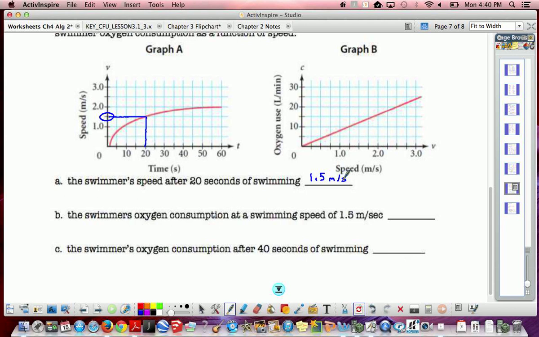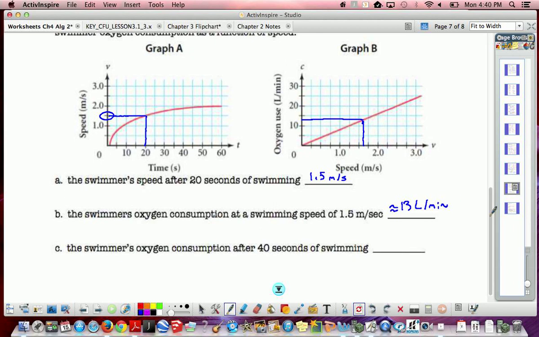So now B says the swimmer's oxygen consumption at a swimming speed of 1.5 meters per second. So I go along the second graph, 1.2, 1.4, 1.5, come up here, go straight across, and it looks like they're consuming about, I would say, 13 liters per minute of oxygen.